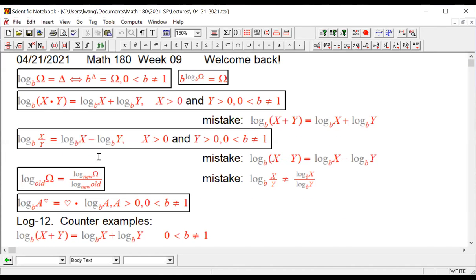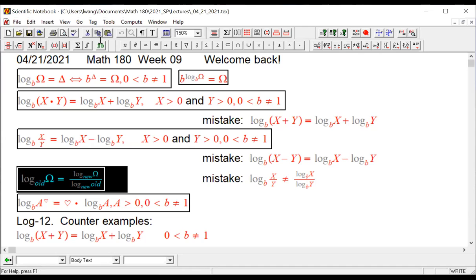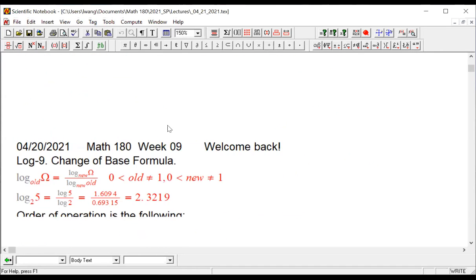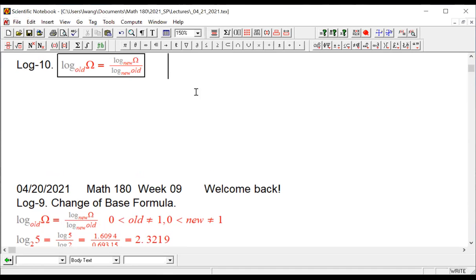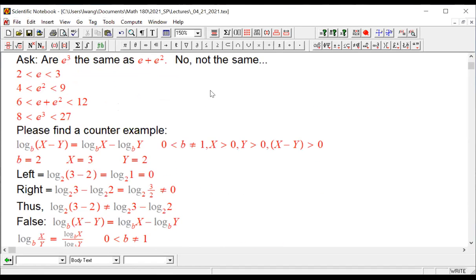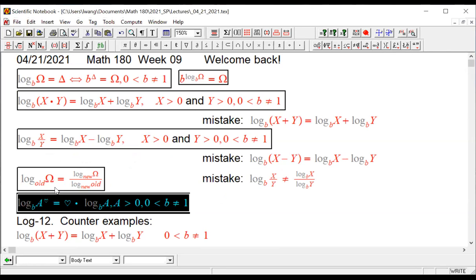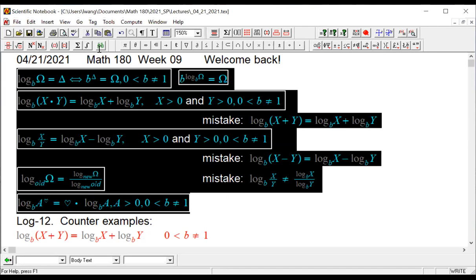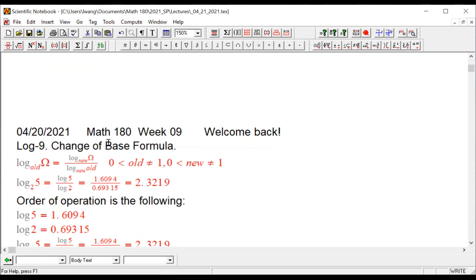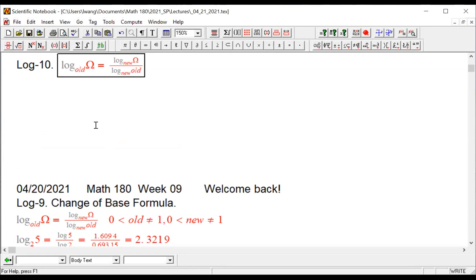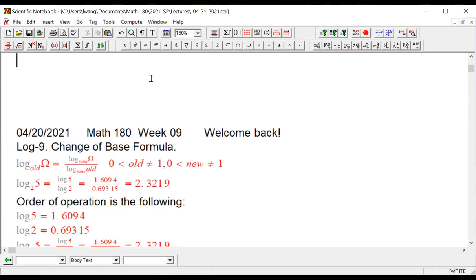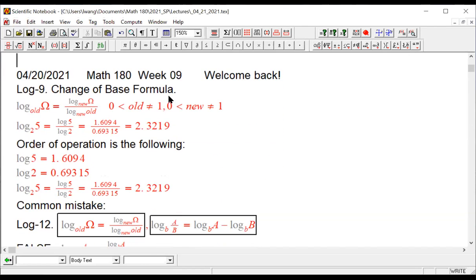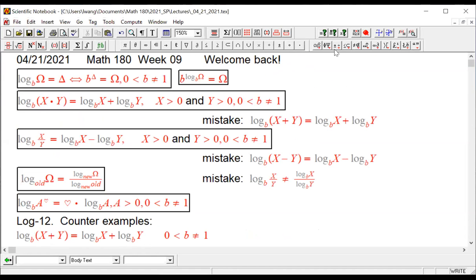So I'm going to bring up the change of base formula, and in fact I'm going to bring all of these properties with me.